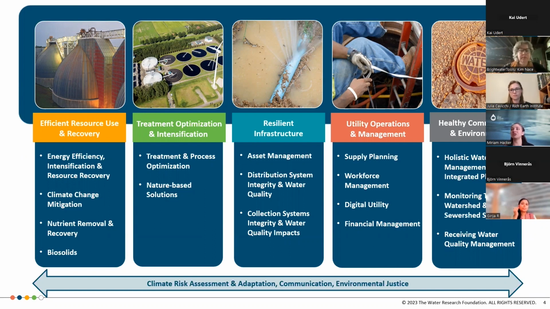The 5 major categories that we typically organize our research in are efficient resource use and recovery, treatment optimization, intensification, resilient infrastructure, utility operations and management, and healthy communities and environment. When we look at these topics around resource-oriented sanitation, they touch on all 5 of these spaces. There's something to be gained from this work.